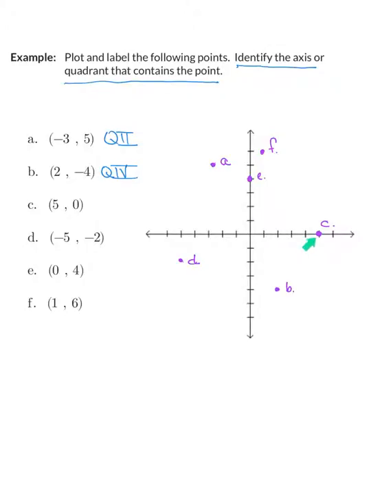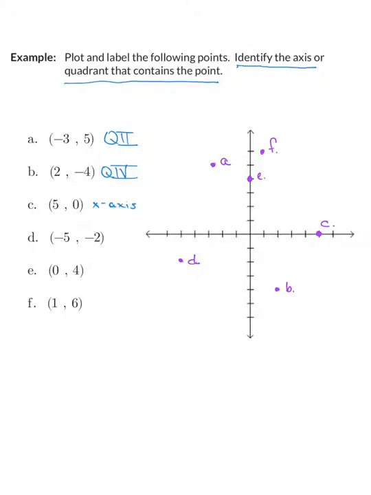It is on the line, which means that it is not in a quadrant. This is on an axis. And which axis is this? Well, remember that my horizontal one is my x-axis. This tells me my x values. And so we'll go ahead and label that as x-axis.